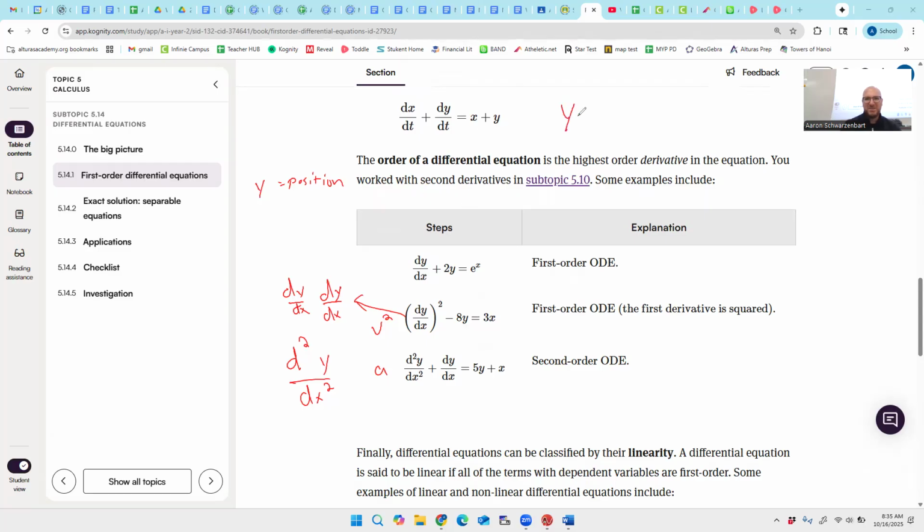Okay. Here's some new notation that it's time to introduce you to. Which, again, this is dy dx. Y dot means y prime. I think the primes is the American notation.